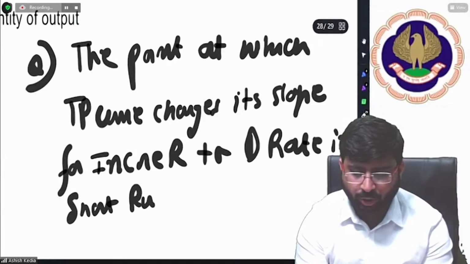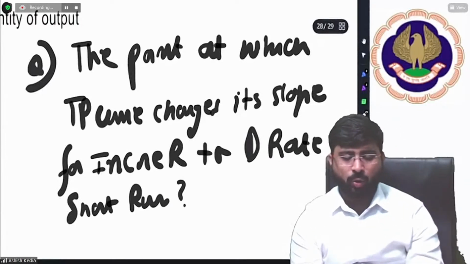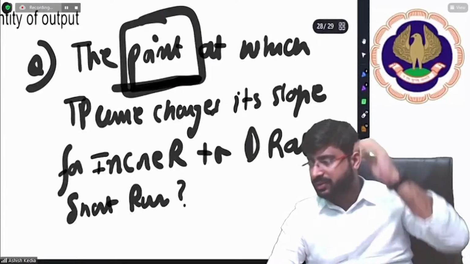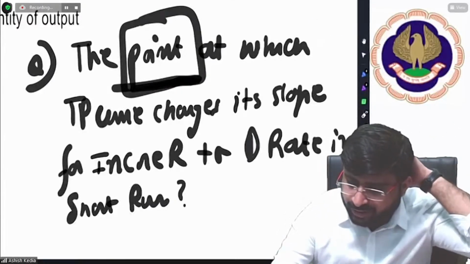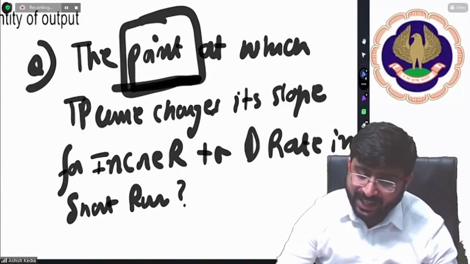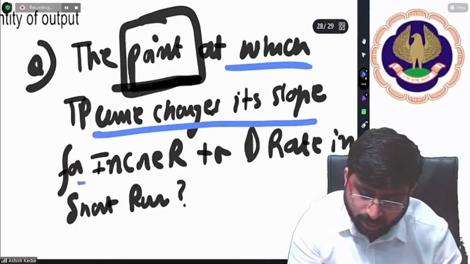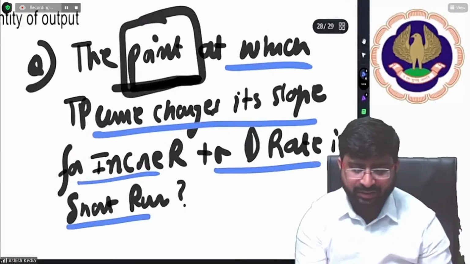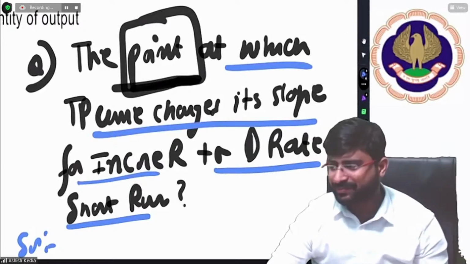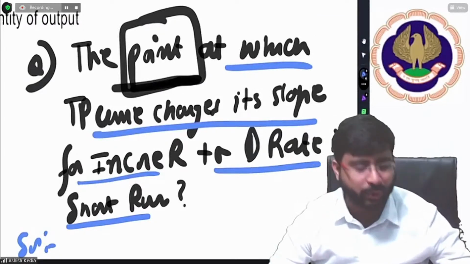Obviously, in short run only you have increasing rate and diminishing rate. What is that point called, friends? I need to know the answer from each one of you. What point do you think it will be?